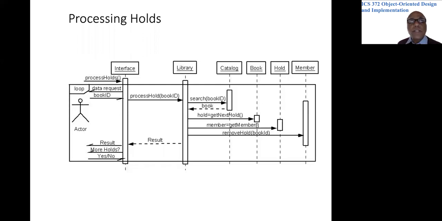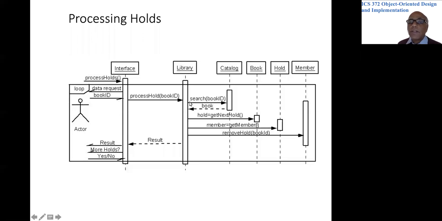So we need to decide who the first eligible member is for issuing the book. So we have a loop because there could be multiple books here to be processed. So the system asks for the book ID, and the interface simply passes it on to the library saying, process the hold for this book.